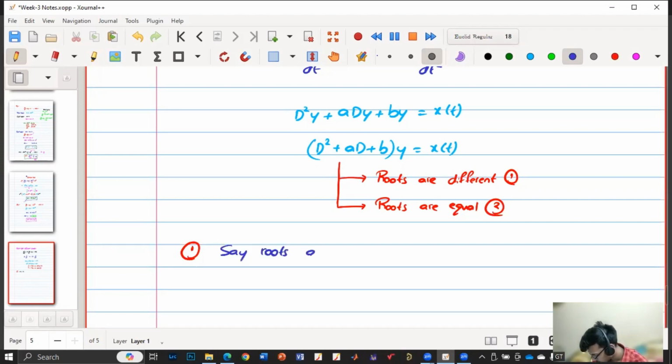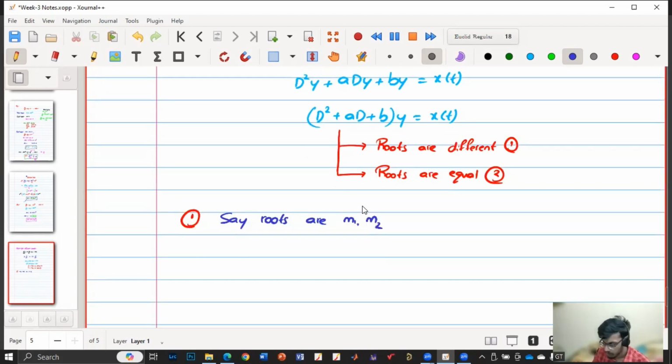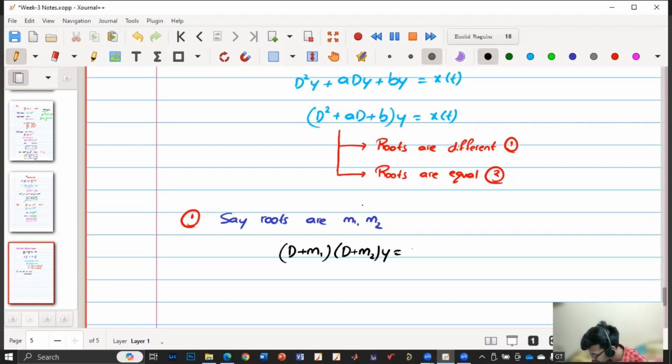Then I can write it as D plus m1 into D plus m2 into y is equal to x of t, right?